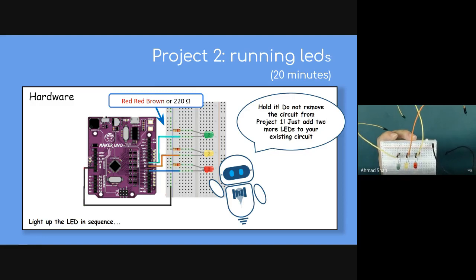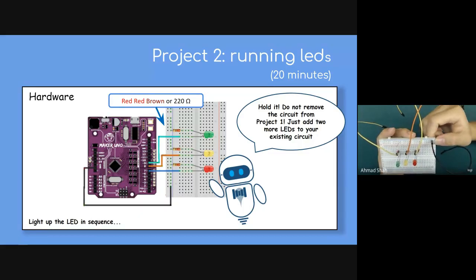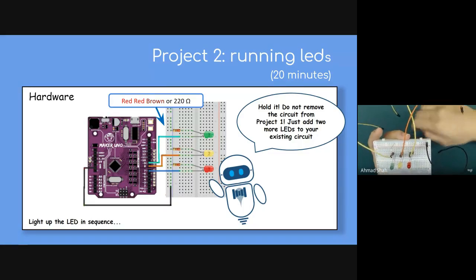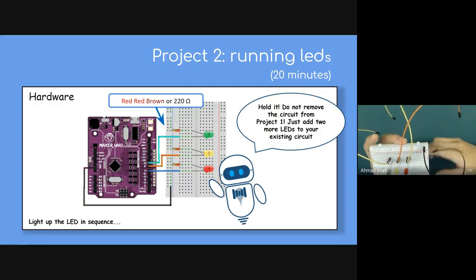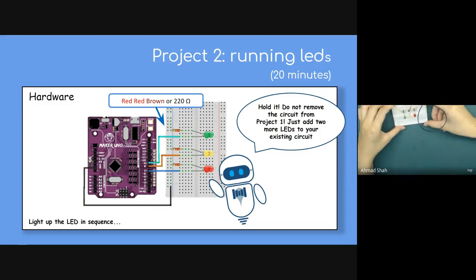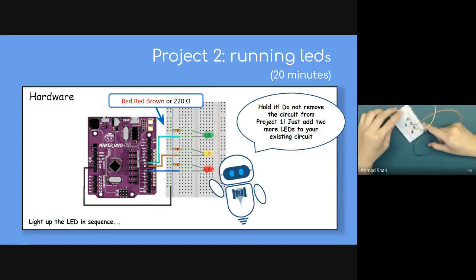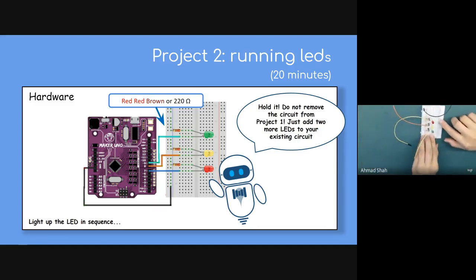FYI, you can use any color, any wire to any pin. Color doesn't affect anything. It's just that you need to know what the color indicates. Okay, so I'll put this side down.